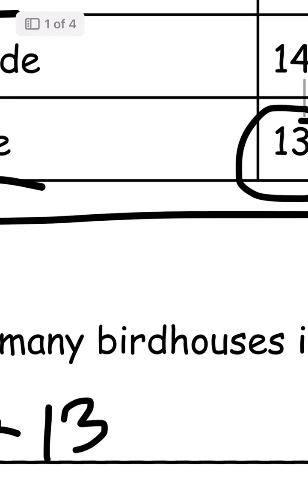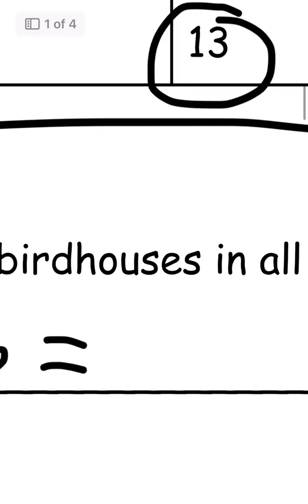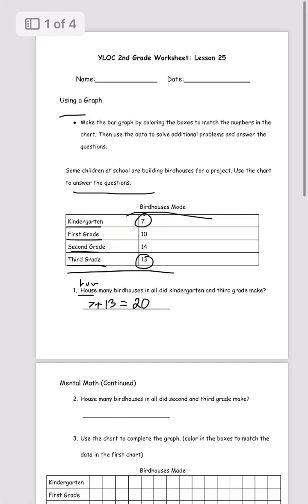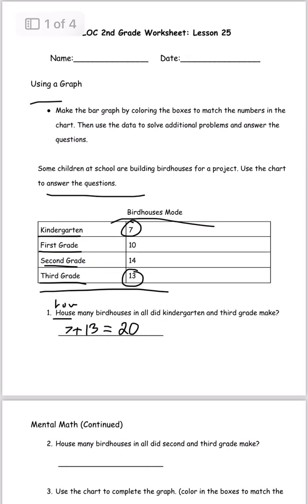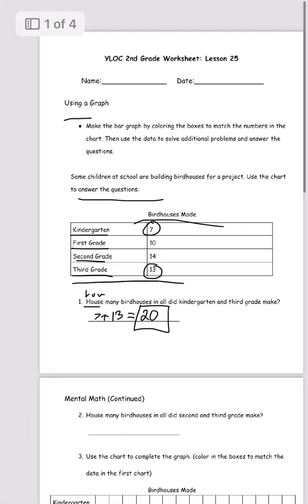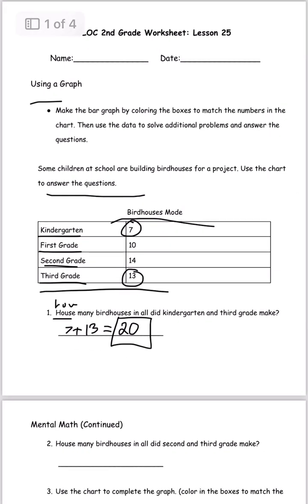Now we have to add them, which would be 20. Right? Yeah, so 20 would be the answer for number 1, because that's the amount that kindergarten and third grade made in all.